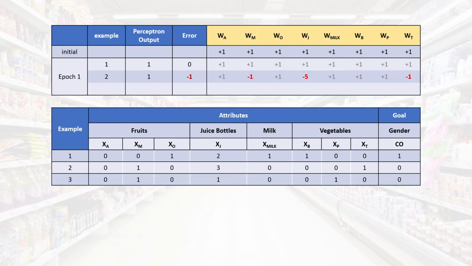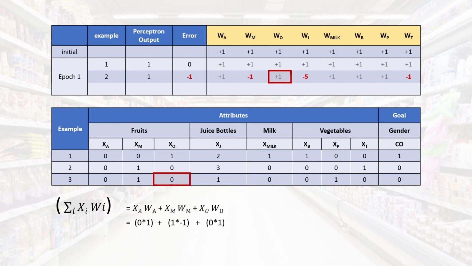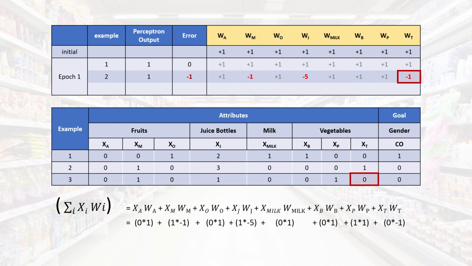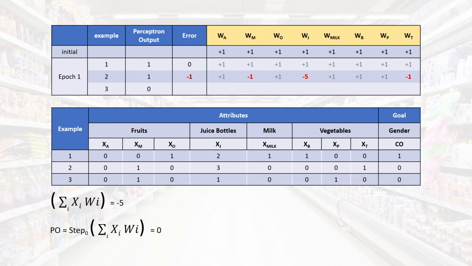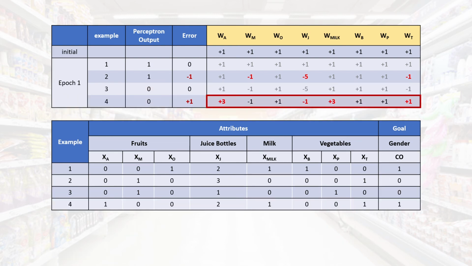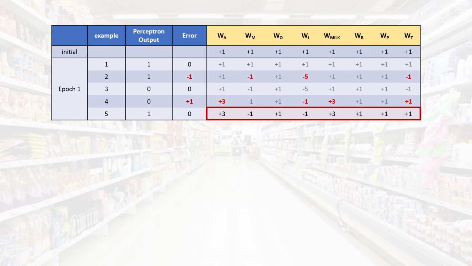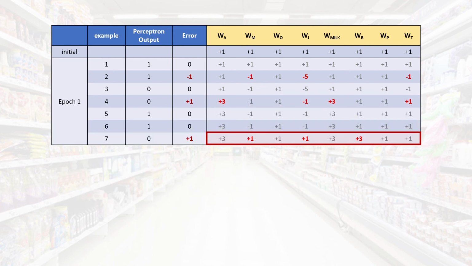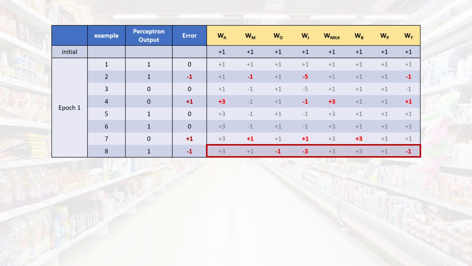Let's move on to the third example. We repeat the same steps, calculating the weighted sum of inputs, predicting the output using the activation function, calculating the error and then updating the weights. We repeat the same steps for 4th, 5th, 6th, 7th and finally the last example. However, error value keeps fluctuating and we haven't achieved convergence.